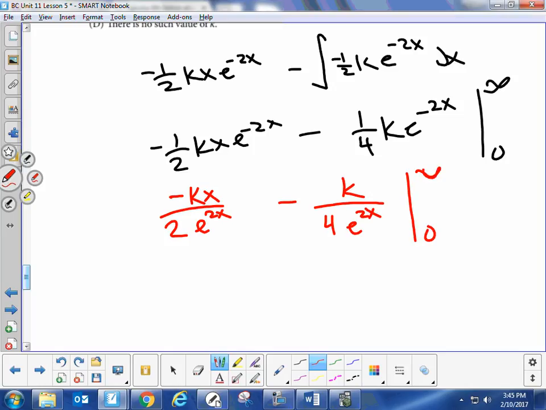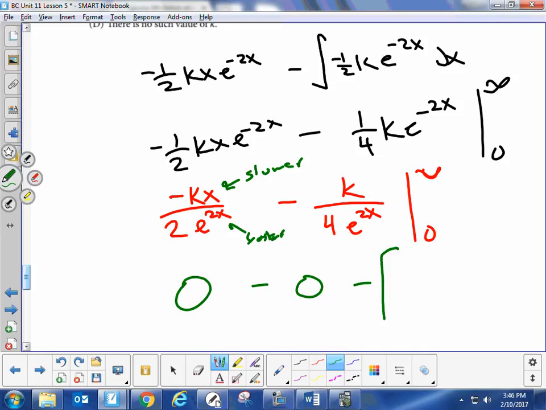from 0 to infinity. If I plug in infinity, this will be infinity over infinity, right? But this is going to be going slower, and this will be going faster because it's e to a power. So this will be approaching 0. Then minus, this would be, again, I'm plugging in infinity, another 0.